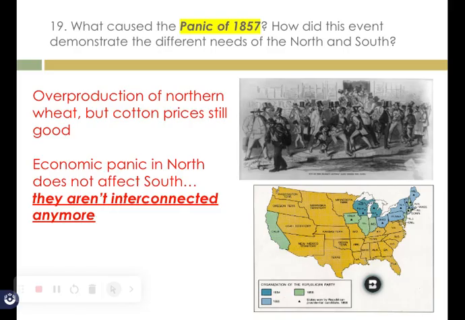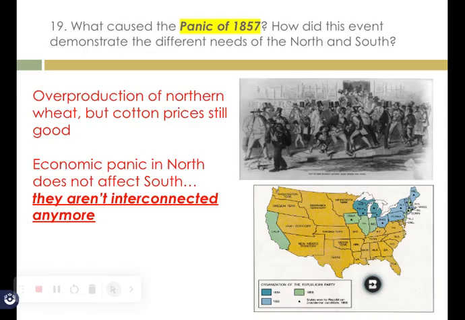But here's what's unique about the Panic of 1857. Even though the prices of crops in the North decreased, the prices of crops in the South were fine. Cotton maintains its value. And so what the Panic of 1857 sort of demonstrates to us is that an economic panic in the North is no longer affecting the South.